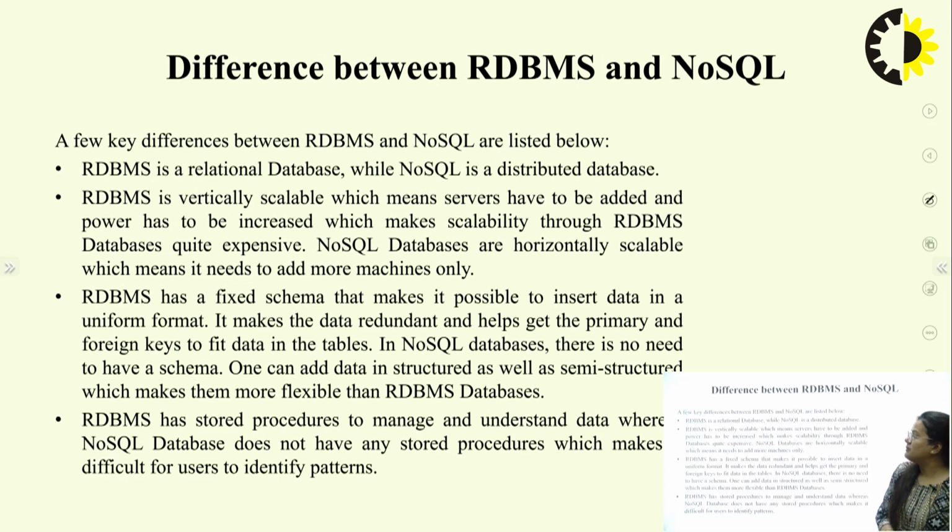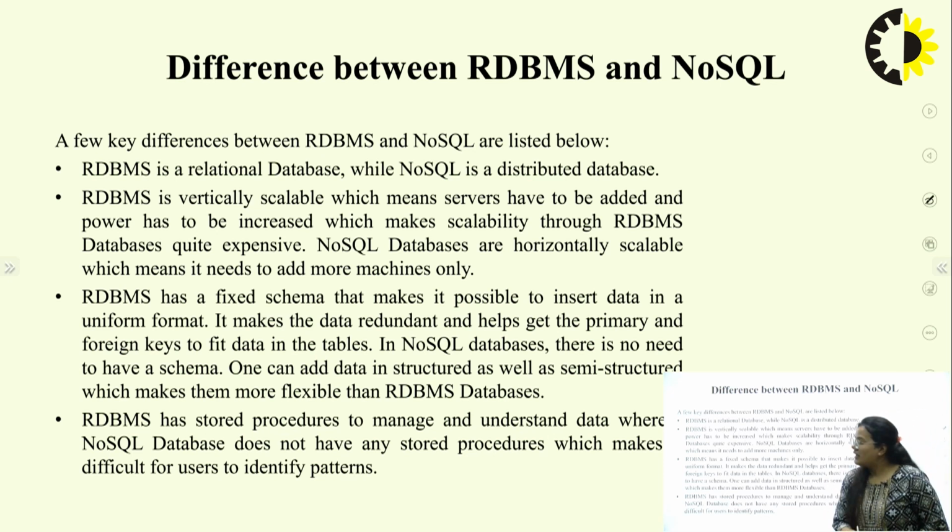Next is the difference between RDBMS and NoSQL. There are many differences between relational database management system RDBMS and NoSQL database. The core difference is how the data is modeled in both of the databases, and a few key differences between RDBMS and NoSQL are listed below.